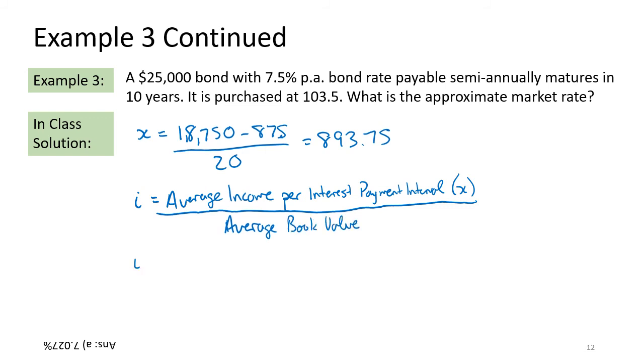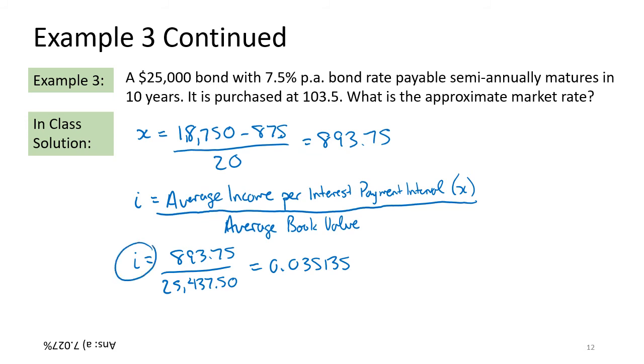So if I substitute these values in, our average income is $893.75, divided by our average book value. Remember we calculated our average book value of $25,437.50. If we calculate that out, we get 0.035135. Remember, that's our periodic interest rate.